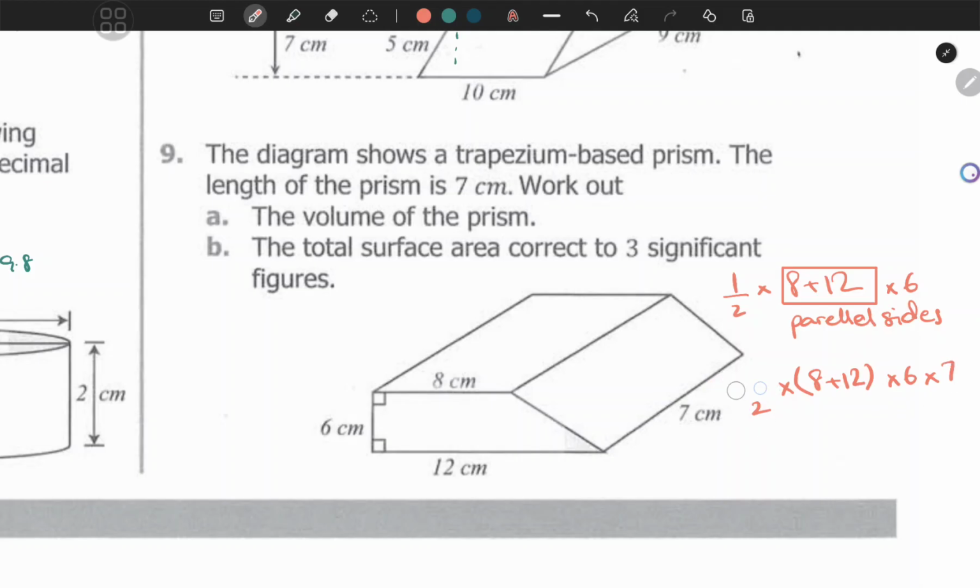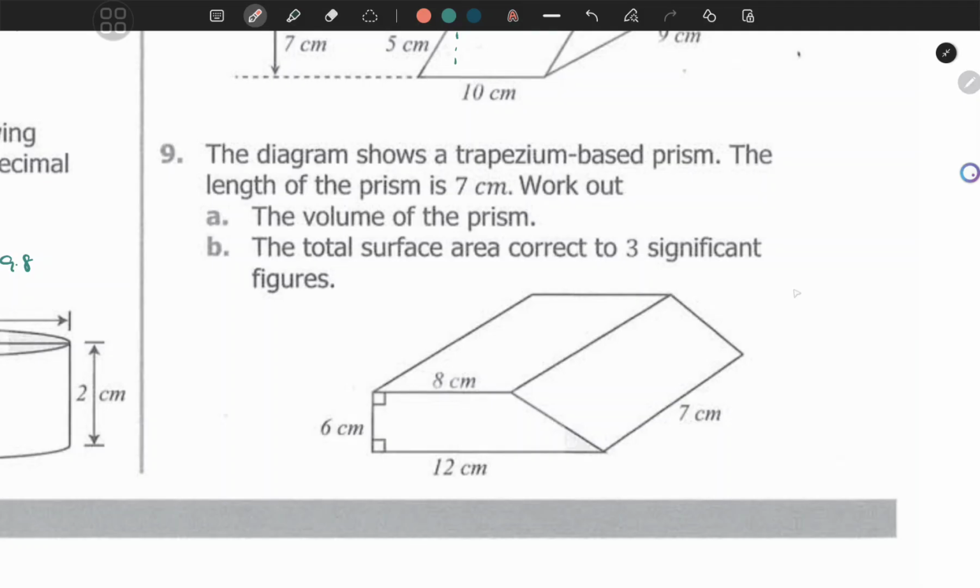Now when we're looking at surface area, which is part B, this will resemble a cuboid in a sense. However, it will have 6 faces, right? It will have 6 faces, 2 of which will be trapeziums, which is this one and the one at the back, which will show as such, right?